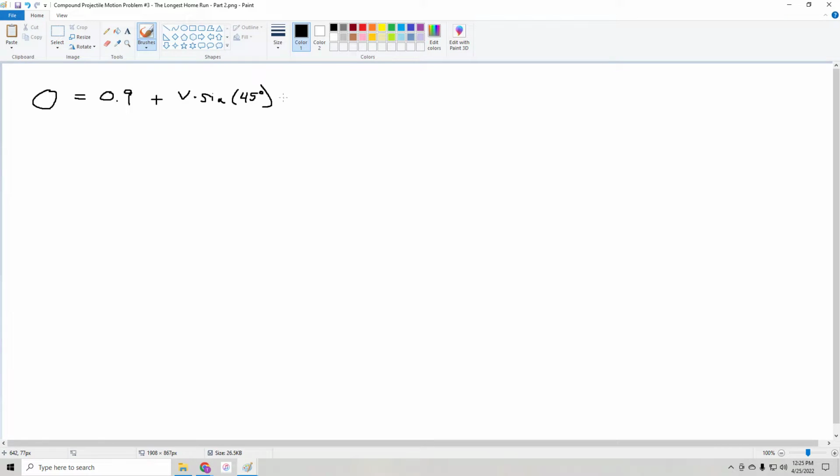And we did multiply this by time, but remember we're substituting the expression in for time, which is 188 over the initial speed, v, times cosine of 45 degrees.